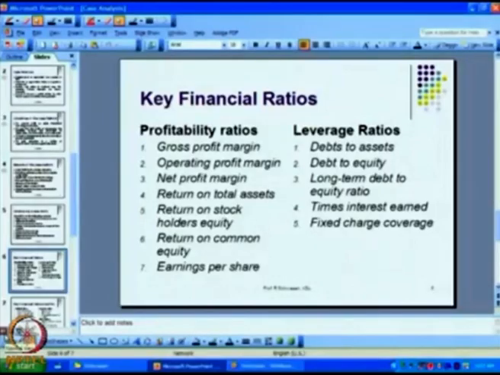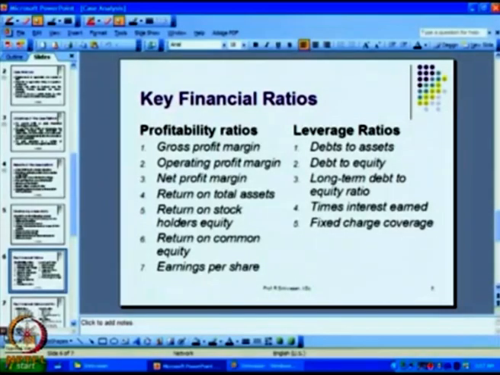Then we looked at the summary of the key financial ratios. In particular, we looked at the profitability ratios. The profitability ratios can be listed as gross profit margin, operating profit margin, net profit margin, then the return on total assets, then the return on stockholders equity, then the return on common equity, then the earnings per share.